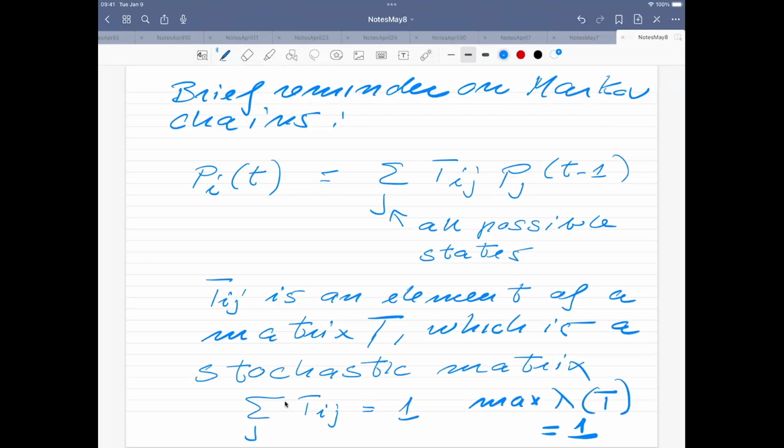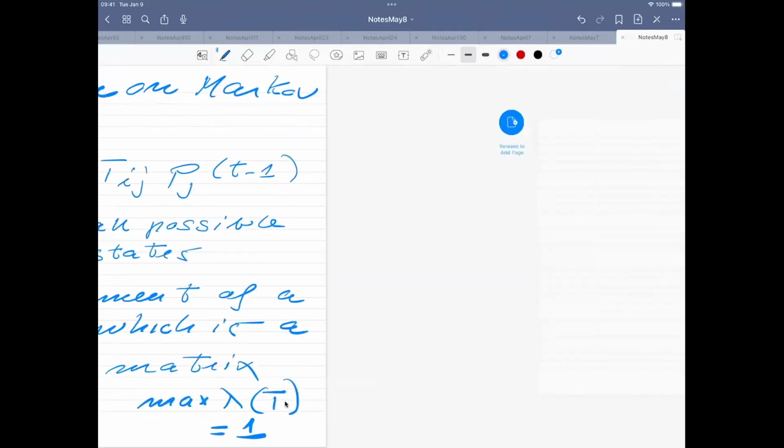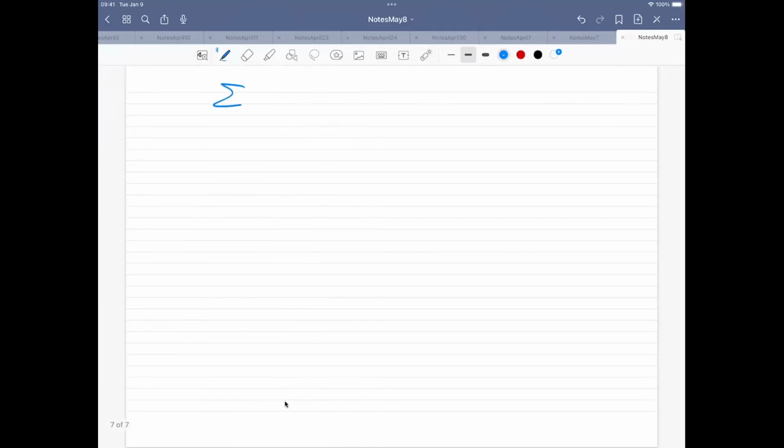We could assume that T ij is also time dependent, but I'm not going to do that in this example. And since these are probabilities, if I sum over all the probabilities at a given time, that is also normalized to 1.